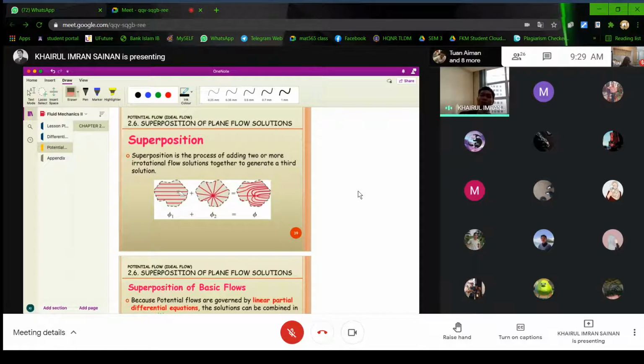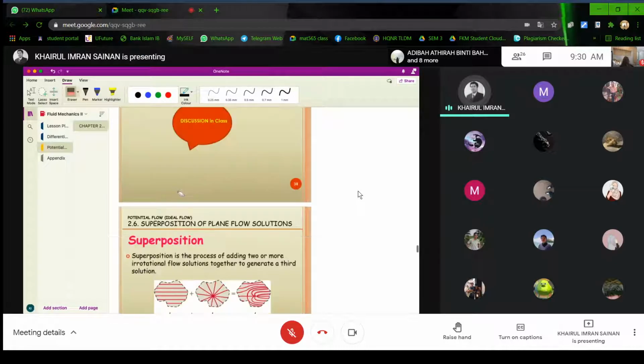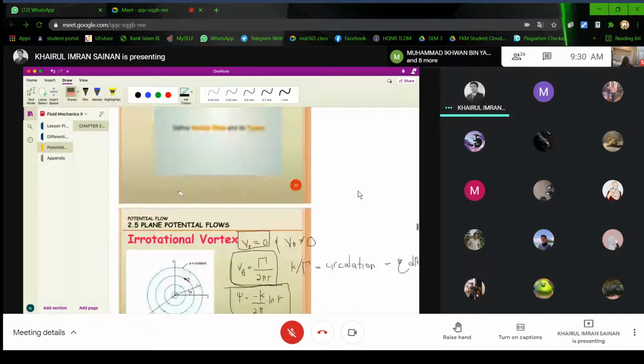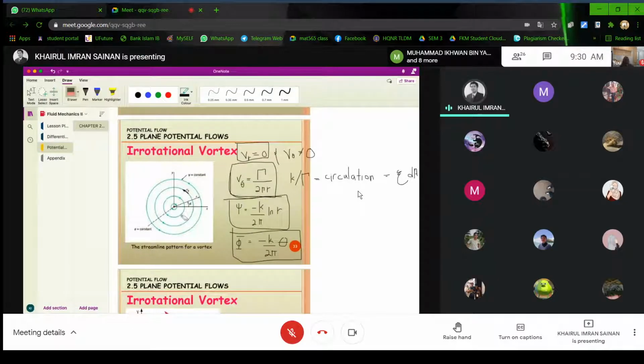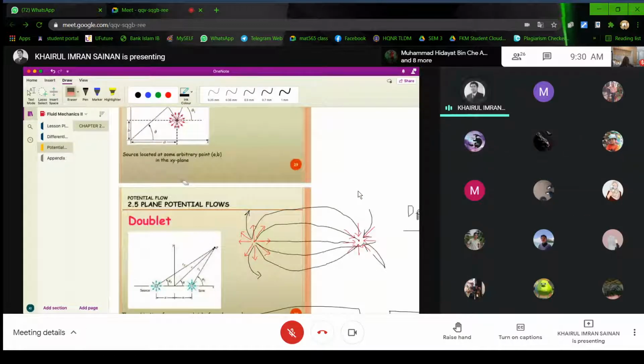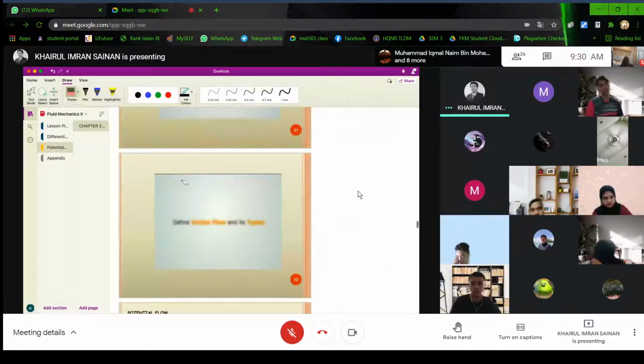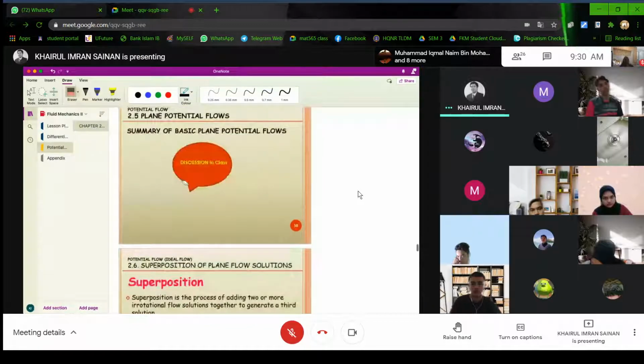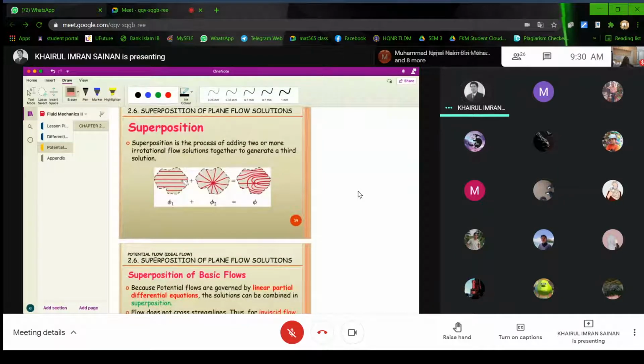So it's combination of vortex plus sink. Because our vortex is only as simple as this. It doesn't go into a certain point. So when we combine with sink, now we get a vortex that you know. Okay. So that is superposition.